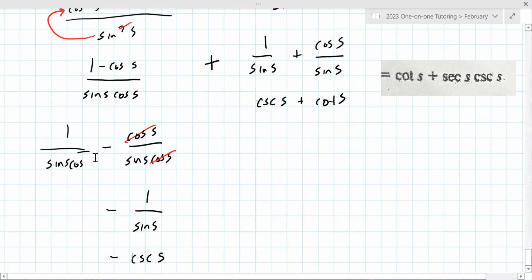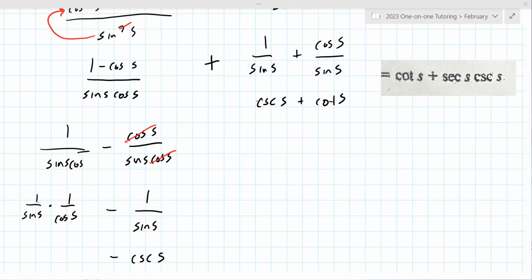On the left here, do you remember how to handle this? So it'd be 1 over sine s plus 1 over cosine s times. Yeah, you can't turn that product into a sum. But okay, so what is 1 over sine s?